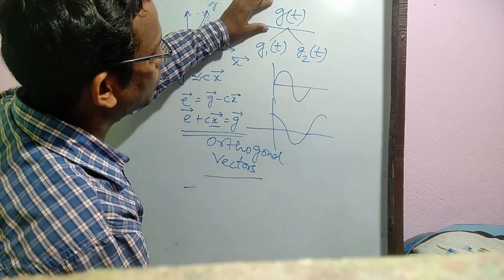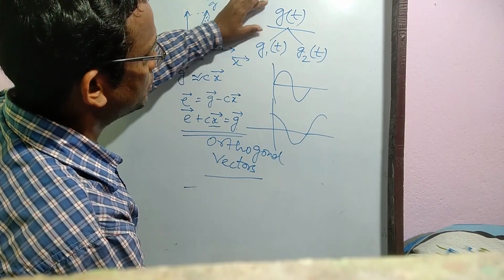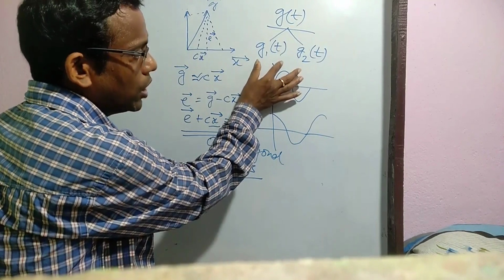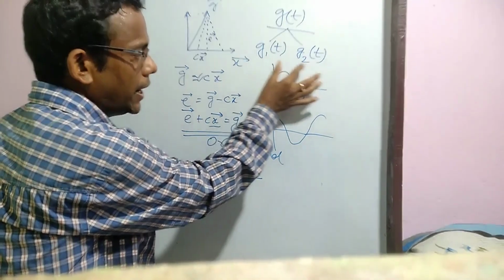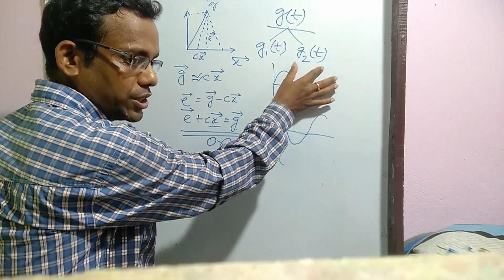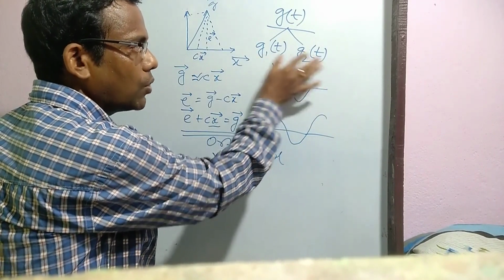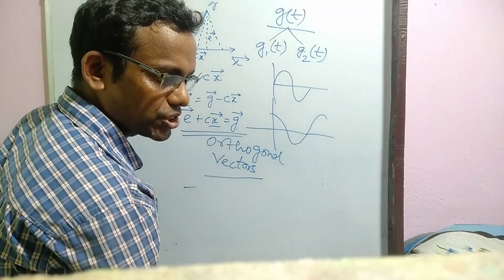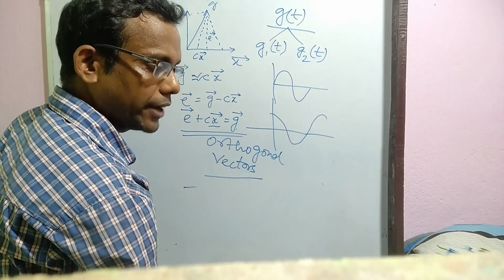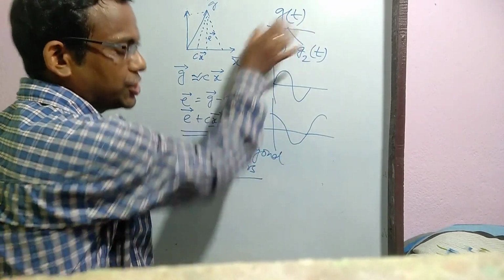If we want to calculate the power of g(t), it is the power of g1(t) plus the power of g2(t). That means the summation of the power of the parts of the signal which combined to form g(t).